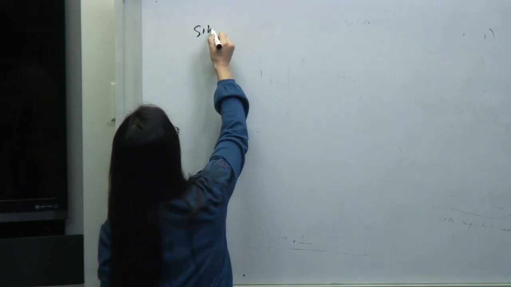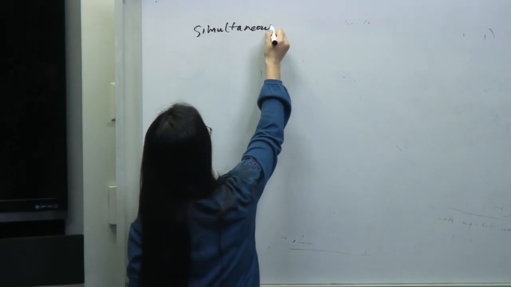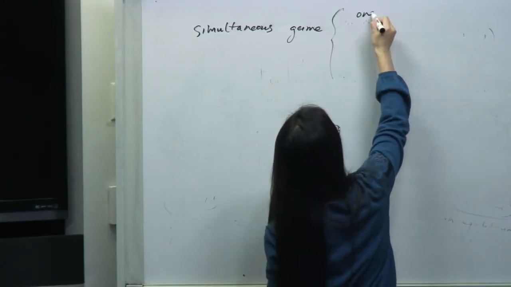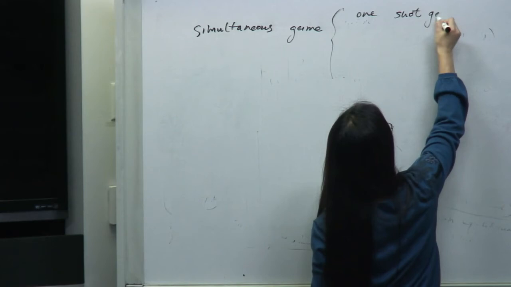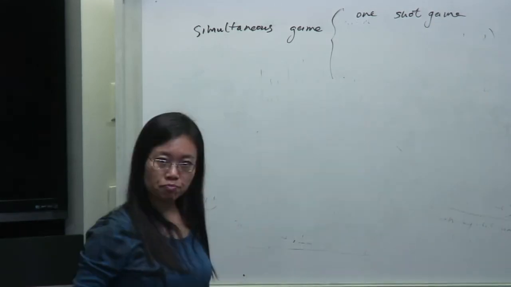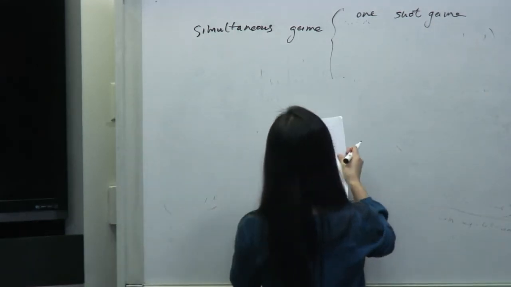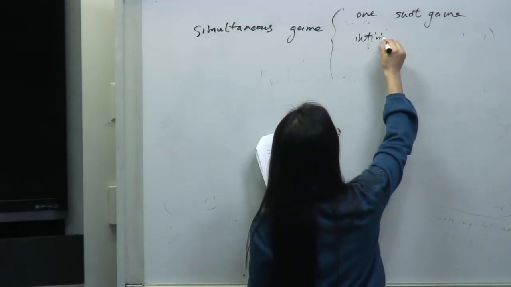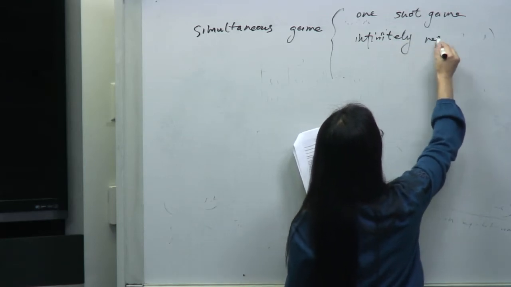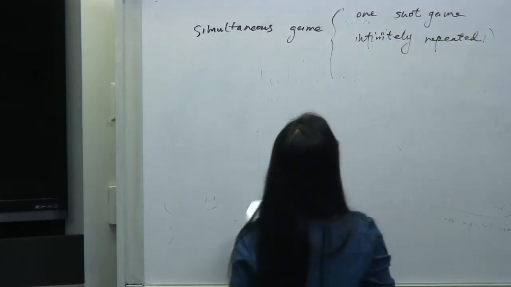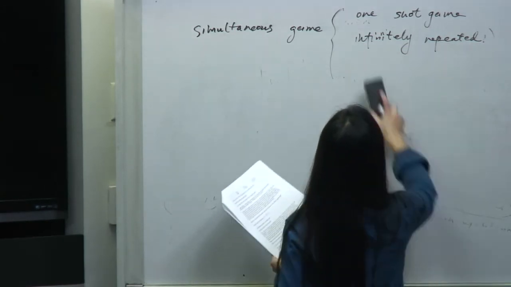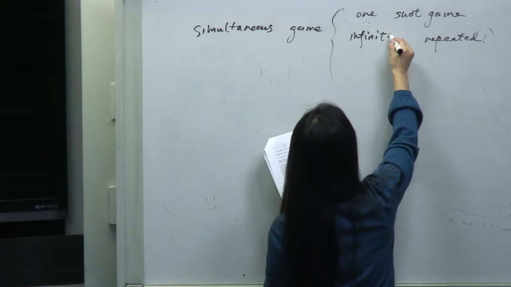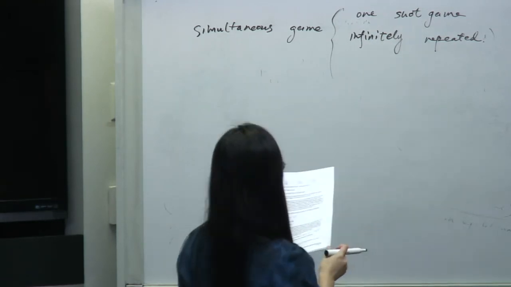Now, for simultaneous games, there is the one-shot game, which is what we just talked about. Then we have the infinitely repeated game, and then the finitely repeated game.